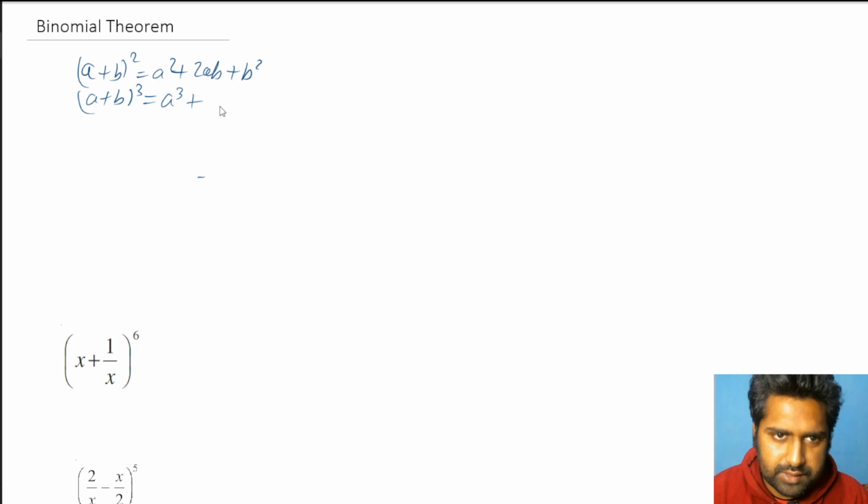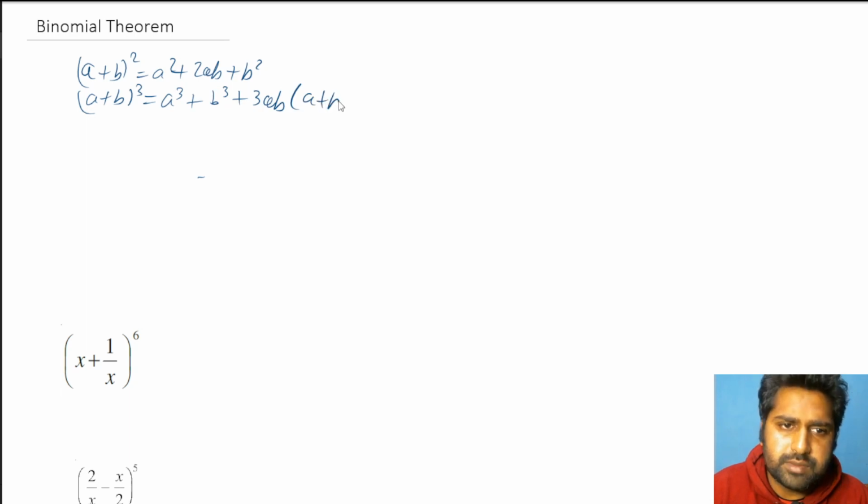How can we solve that kind of thing? This is a cube plus b cube plus 3ab(a + b). So in order to solve any higher power, we need binomial theorem, and binomial theorem gives us the expansion of this. Now I don't want you to learn this as a formula, learn this as a pattern.